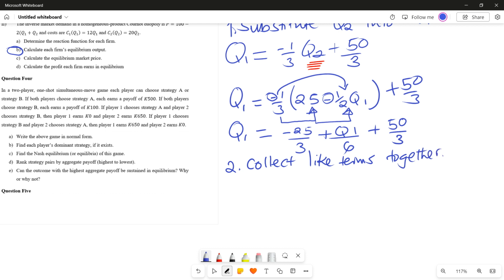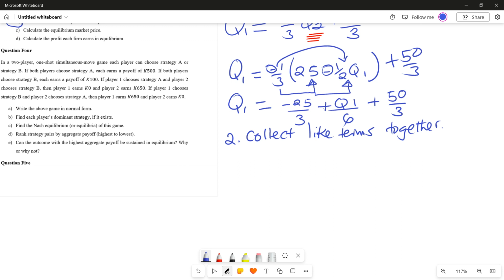So collect like terms together. This means that all those terms with q must be on one side, and those terms without q should also be on one side. So what we can do is this term here, the q1 over 6, since it has got q1, we can take it to the other side so that it can join the other q1 there.